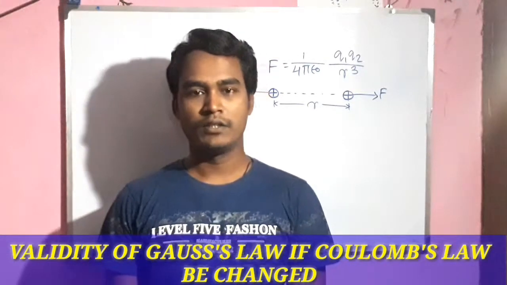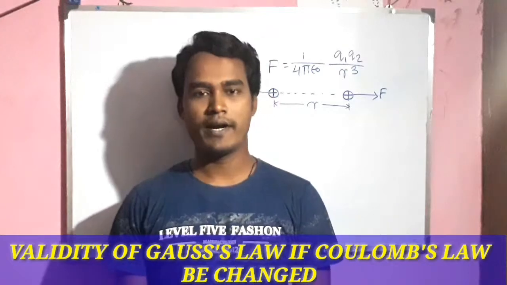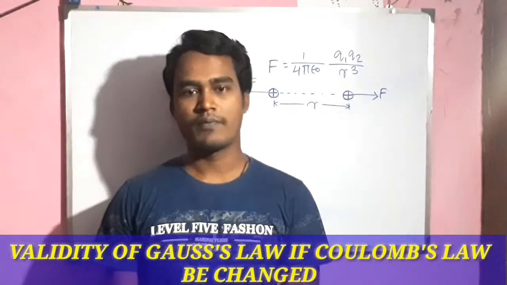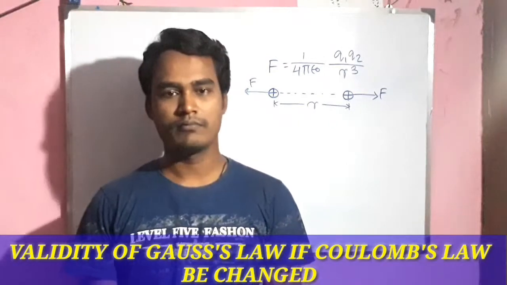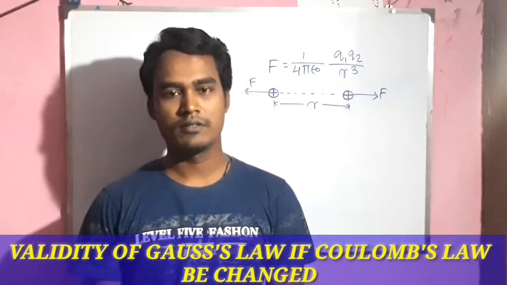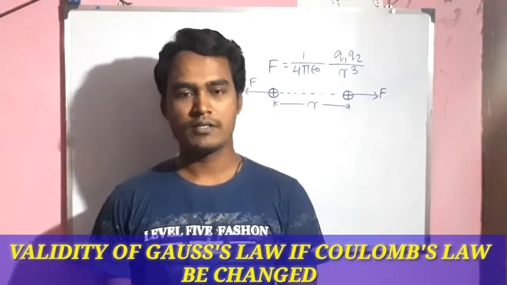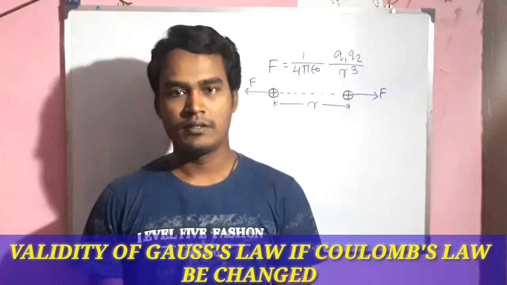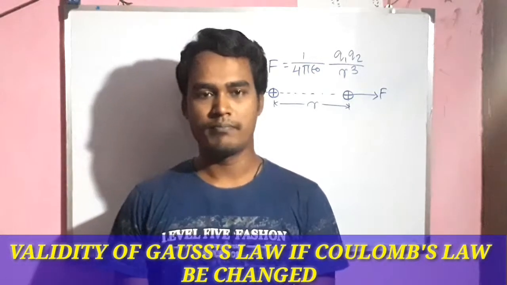We all know that Coulomb's law states that if two charges Q1 and Q2 are separated by a distance r in air or in vacuum, then the force of attraction or repulsion is proportional to the product of the charges and inversely proportional to the square of the separation between them.